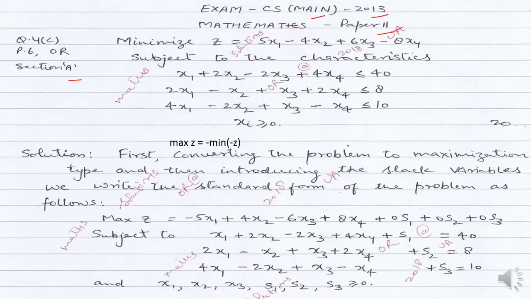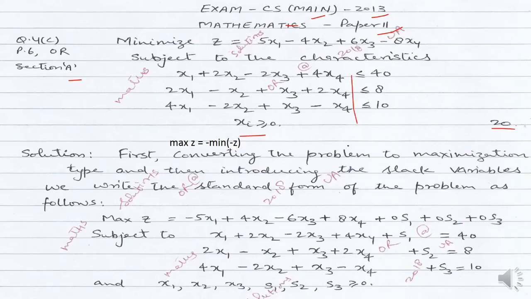This question is minimize z is equal to 5x1 minus 4x2 plus 6x3 minus 8x4 subject to the constraints x1 plus 2x2 minus 2x3 plus 4x4 is less than equal to 40, 2x1 minus x2 plus x3 plus 2x4 is less than equal to 8, 4x1 minus 2x2 plus x3 minus x4 is less than equal to 10, xi is greater than equal to 0, and this question is of 20 marks.